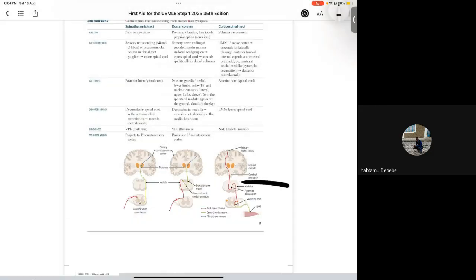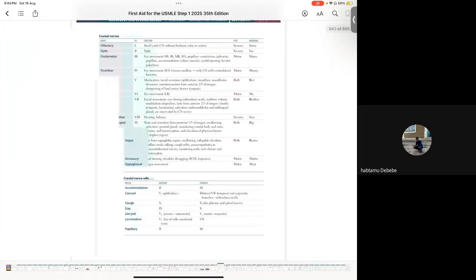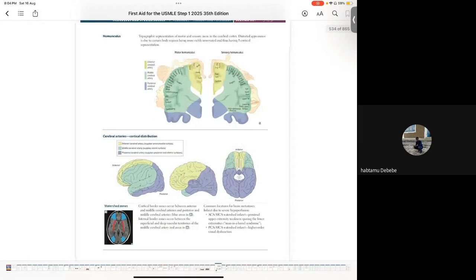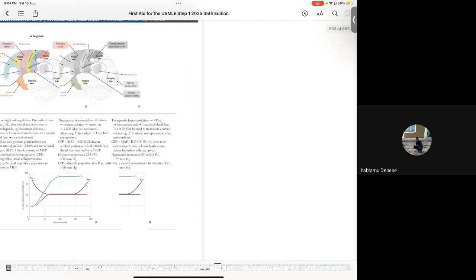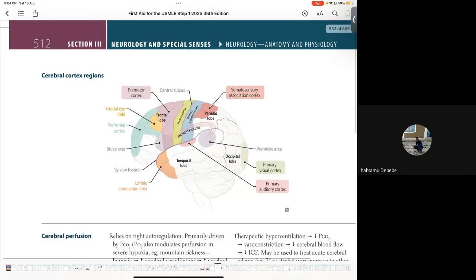Let's discuss our next topic, the homunculus, which we discussed as well, right? You can see we have the central sulcus, primary motor cortex, premotor cortex, supplementary motor cortex. Broca's area, you guys know, right?